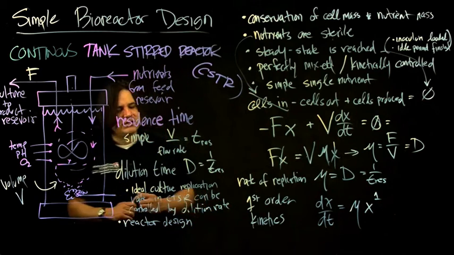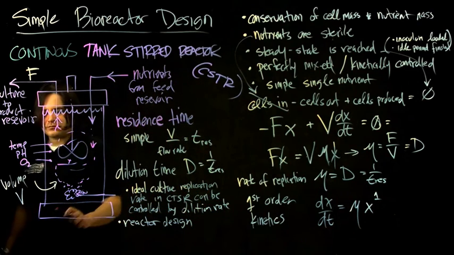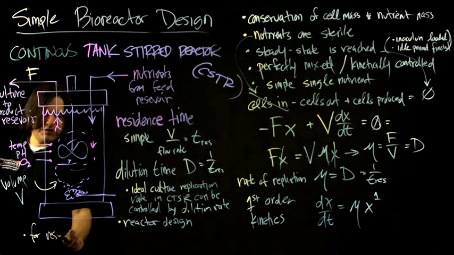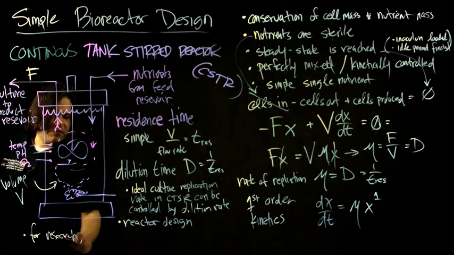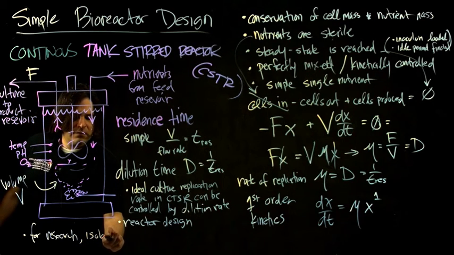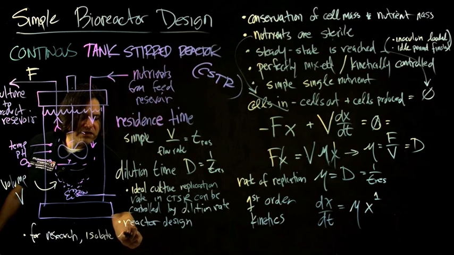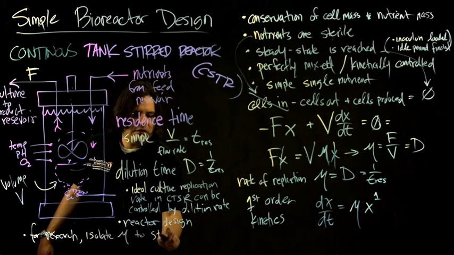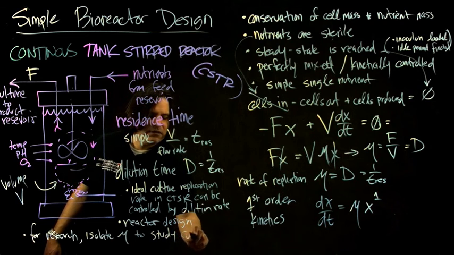And you can also use this in research. If I have this simple relationship, you can isolate mu to study culture behavior, to study this culture process.